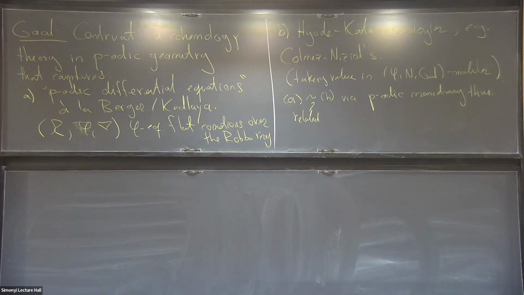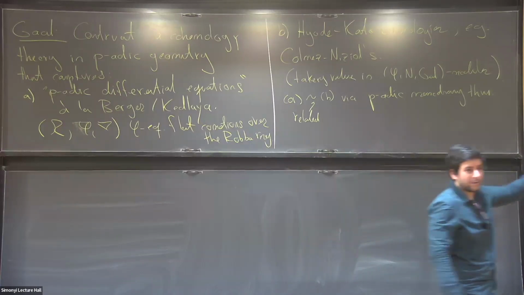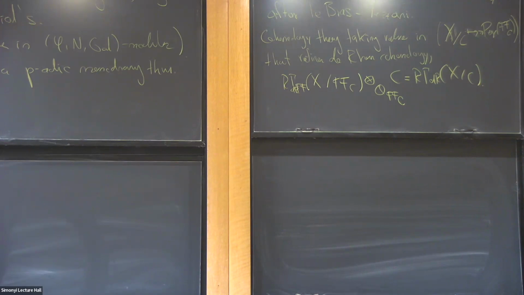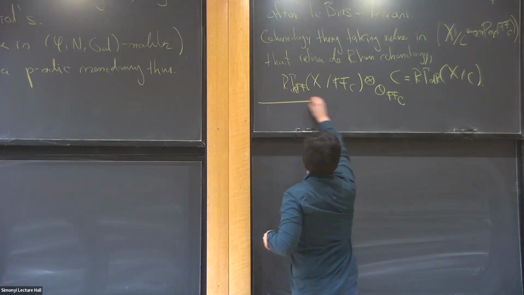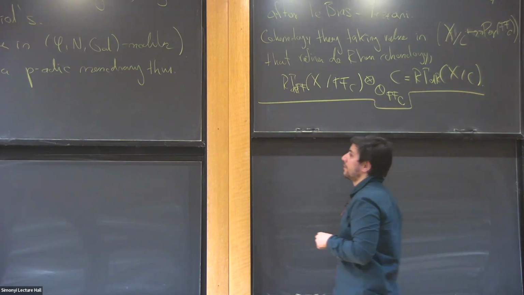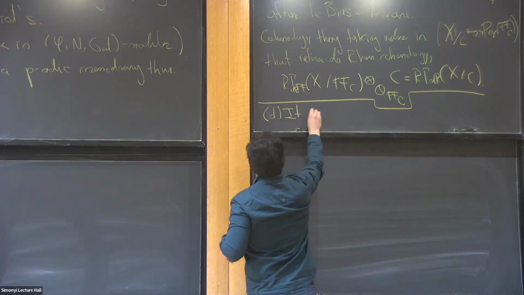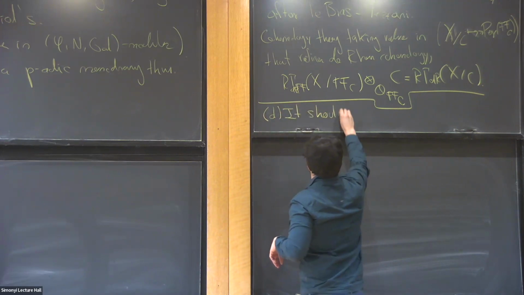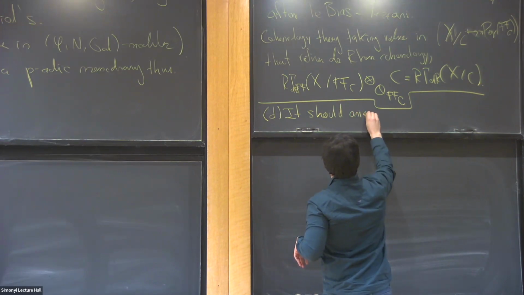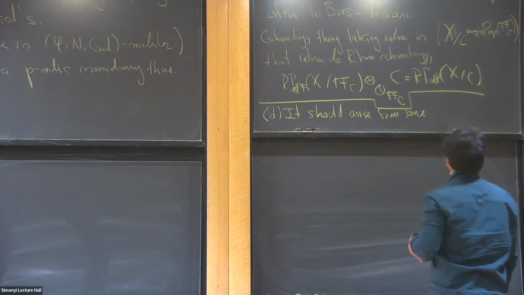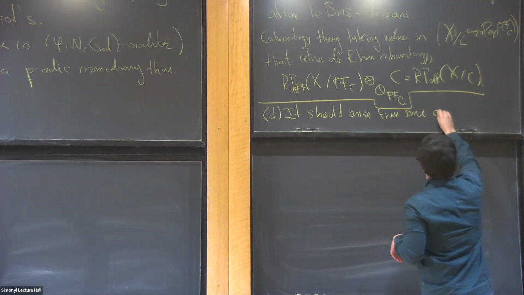But maybe something that is very important for us is that we don't want just to construct some kind of maybe involved cohomology theory that computes these objects, but we want to have some control on the geometry of this. So this means that an additional thing that we want from this theory is that this should be geometric. Or in other words, it should arise from, I should say, a ring stack, or an analytic stack.